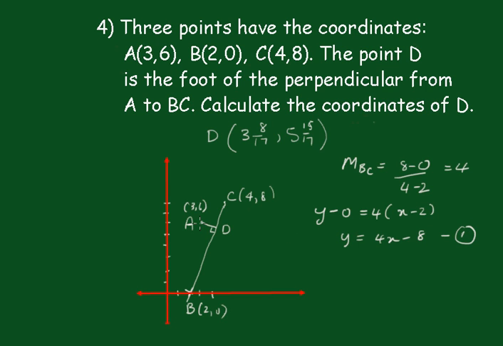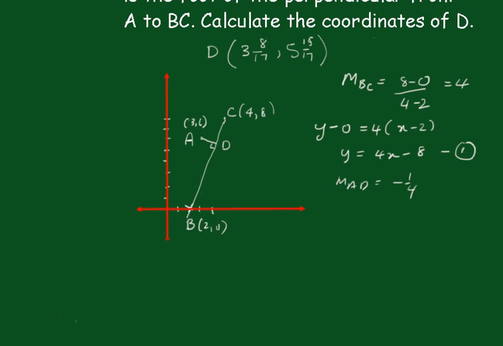Now we'll look at the equation of AD. Because it's perpendicular to BC, it will have a gradient of minus 1/4. So that will be y minus 6 equals minus 1/4 times (x minus 3).